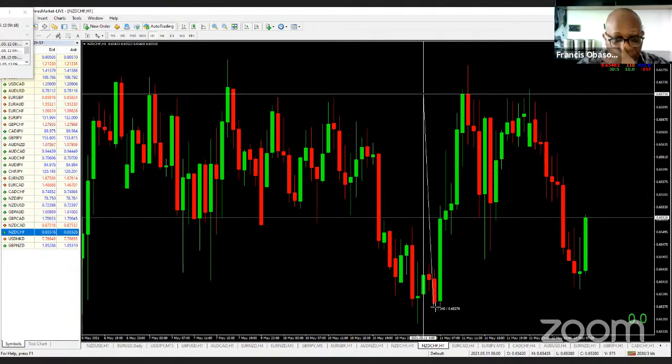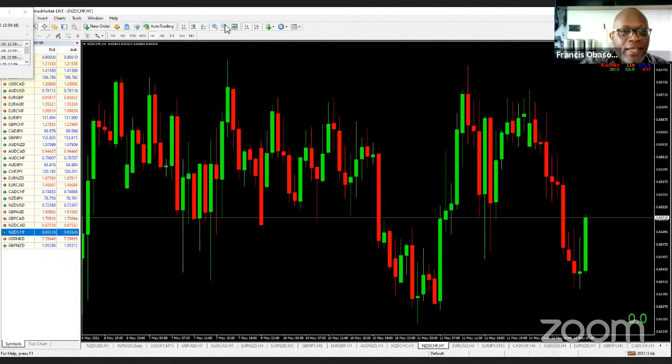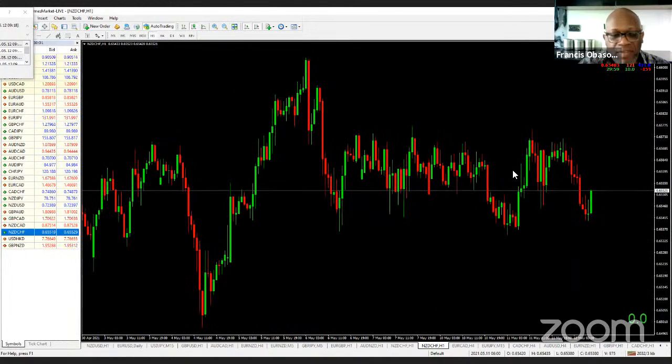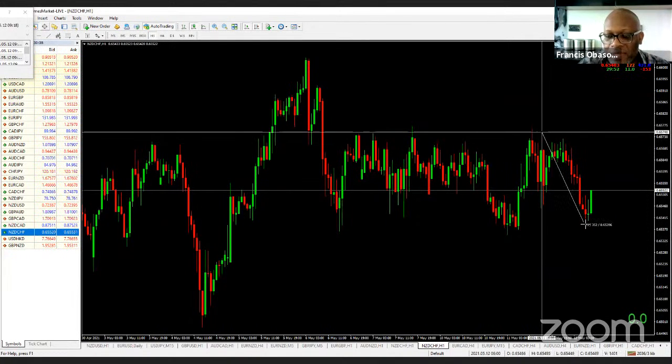Whoa. Now, like I say, if you're a scalper, then this is still very tradable for you, except that I wouldn't be trading such a pair until it gives me a definite signal that it wants to go one direction or the other.